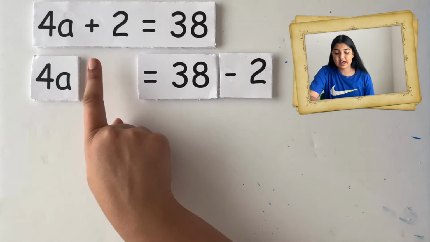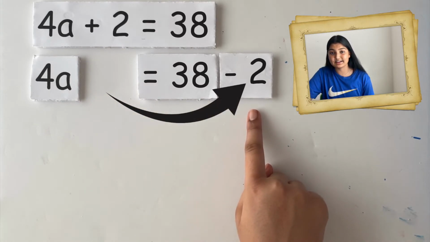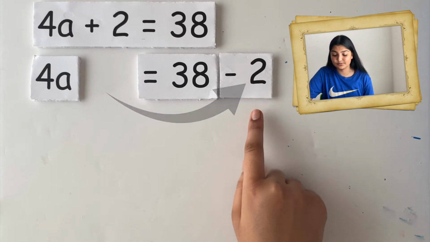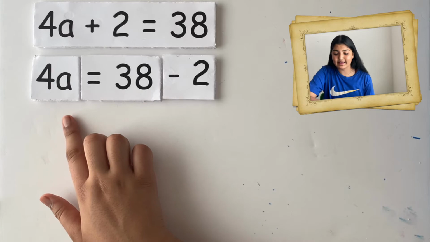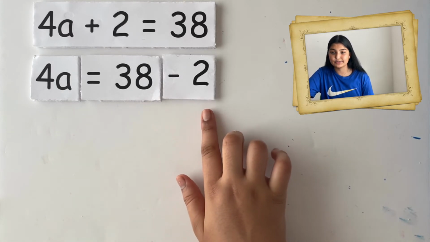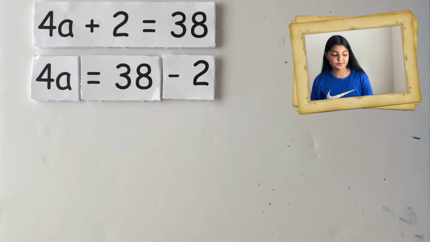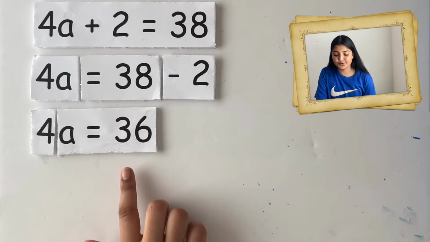Notice that when we took positive 2 to the other side of the equal sign, it became negative 2. So 4a is equal to 38 minus 2, or 4a is equal to 36.